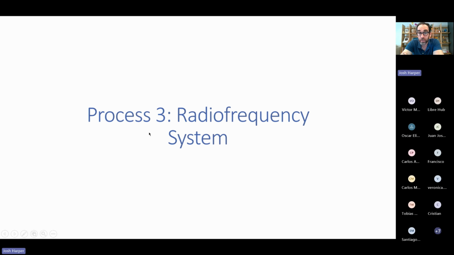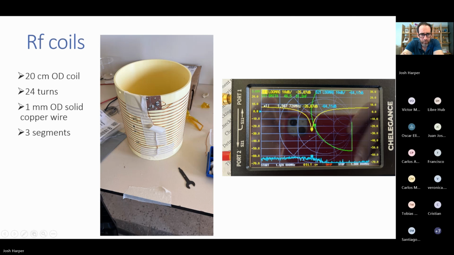So moving on to the radio frequency system, we've 3D printed a 20 centimeter, actually I think it may be 15 centimeter coil form, which is appropriate for knee imaging. And actually, before I tuned and matched this coil, I made my own 5 centimeter coil because it's easier to start small.